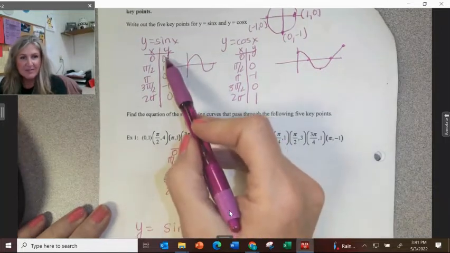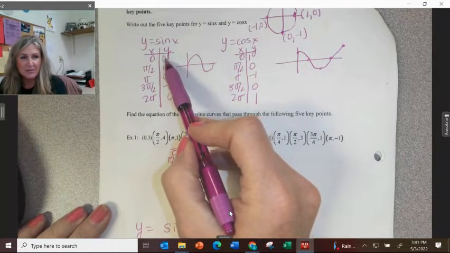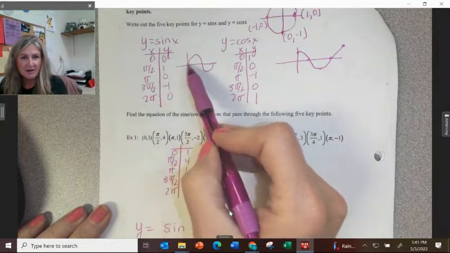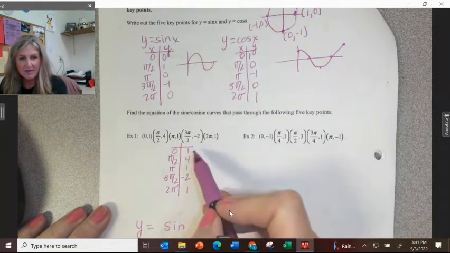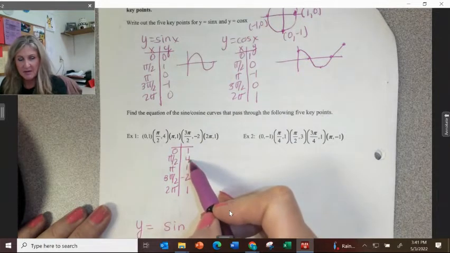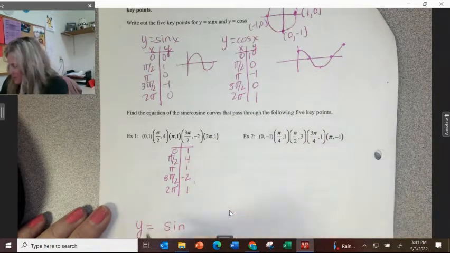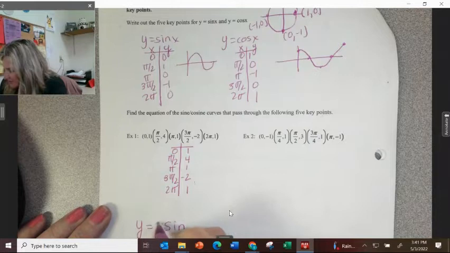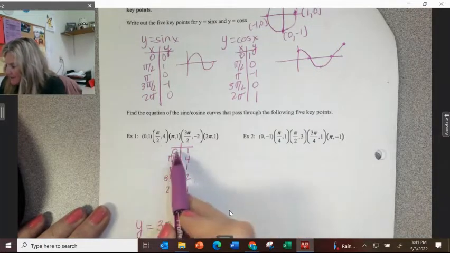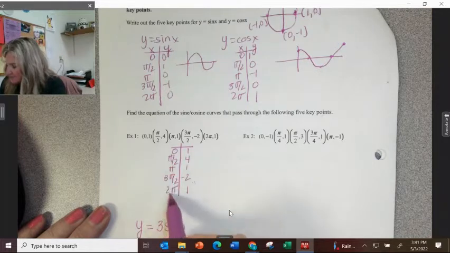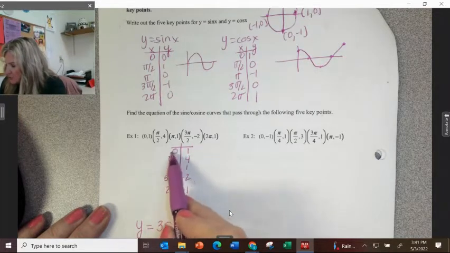The amplitude for the sine curve: what are we doing to go from here to here? The sine curve normally has an amplitude of 1, but on this one, what are we doing? Right, we're going up 3, aren't we? So this amplitude is going to be 3. Let's see now. Do we have a change in the period? It's supposed to be 2 pi.